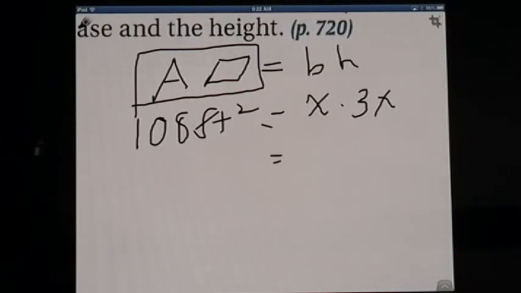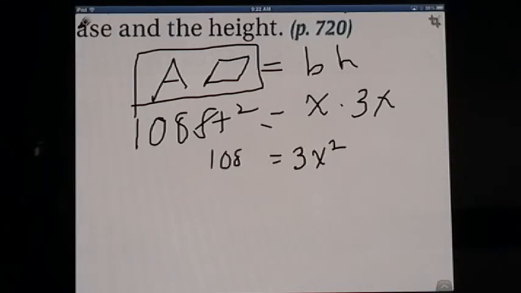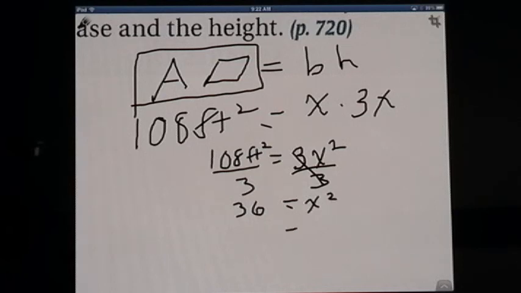All right, so x times 3x is 3x squared, and 108 square feet. Divide both sides by 3, and 108 divided by 3 is 36, so x squared is 36. So we take the square root of both sides, and we get x is equal to 6.